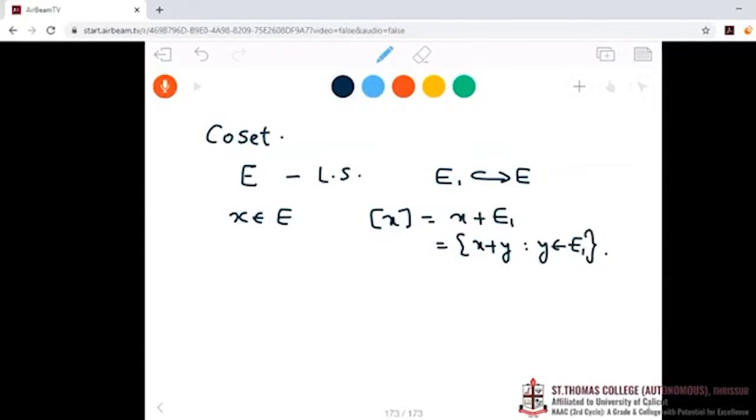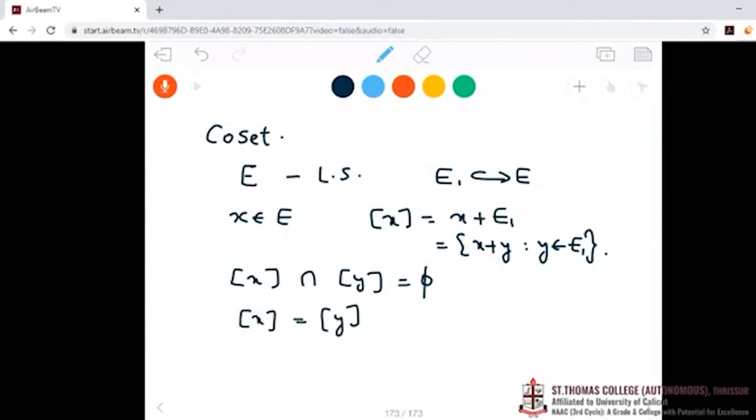This is our definition for a coset, and we have noted that two cosets, class x and class y, are either disjoint or they are equal. So how can we prove this?